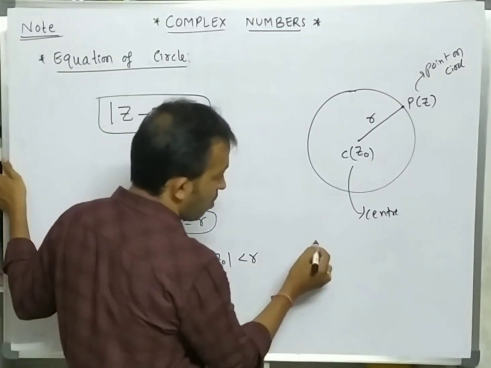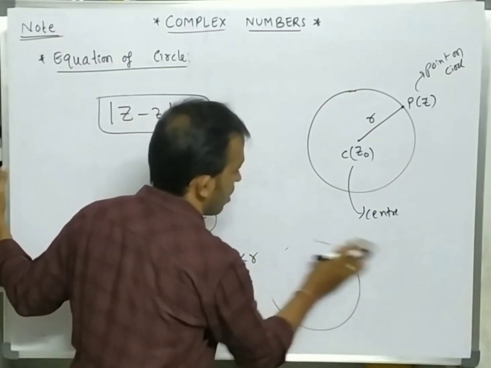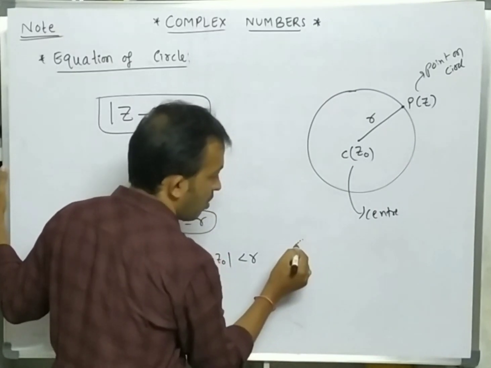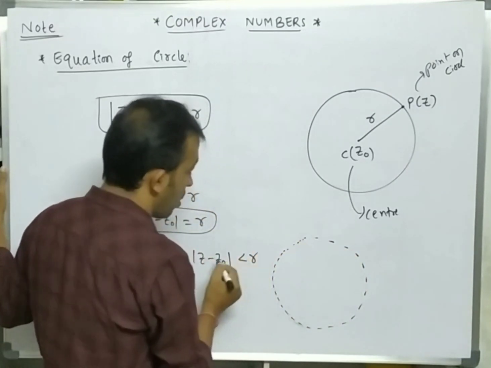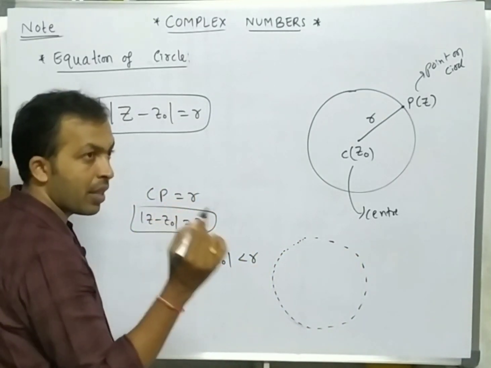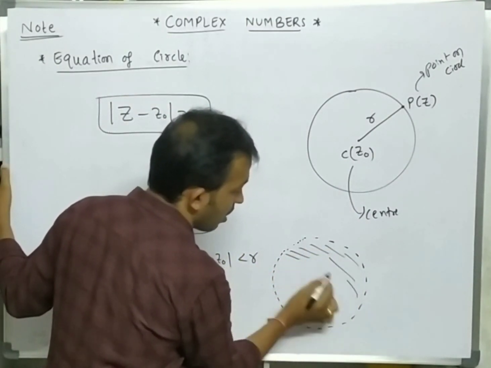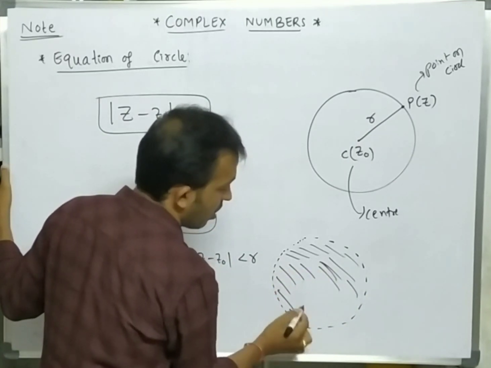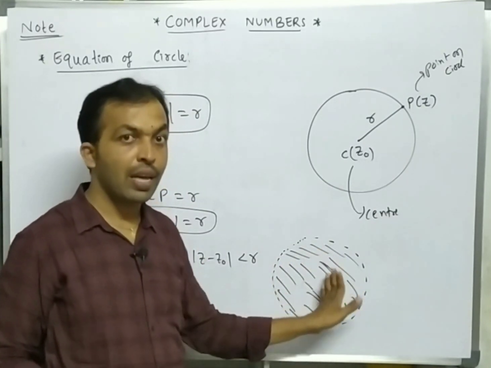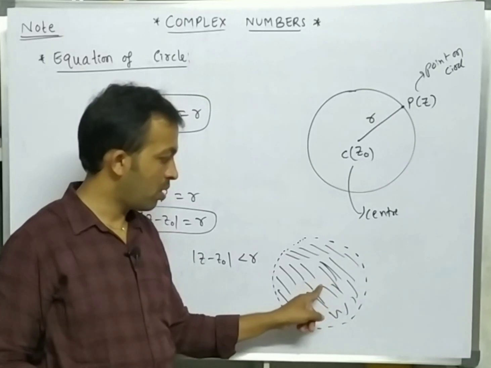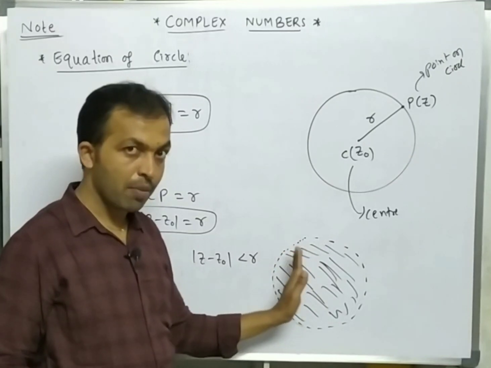Now if mod z minus z naught is less than r, what happens? The boundary will not be considered here. So mod z minus z naught equal to r means it is a circle. Mod z minus z naught less than r means we get the interior region, that is a disk without boundary. Only the interior points, the total region, are included.